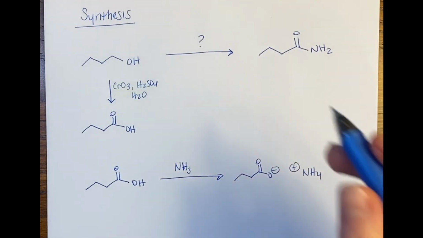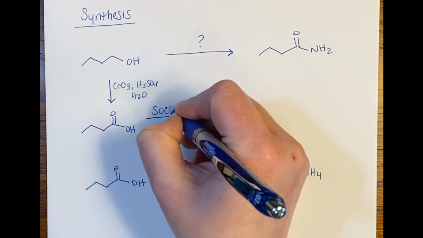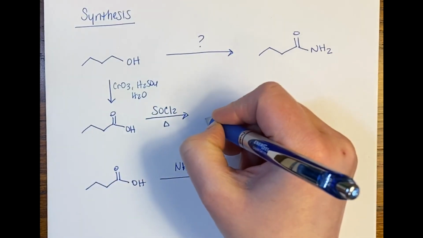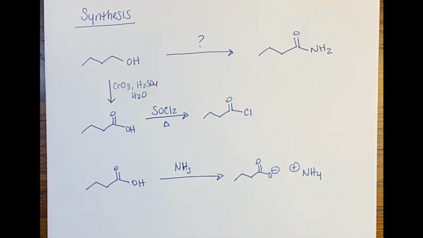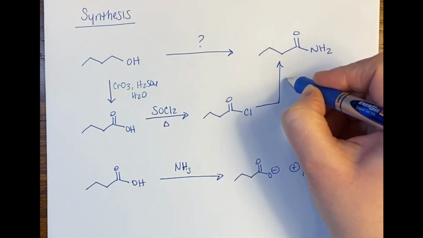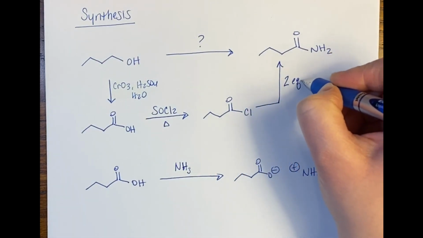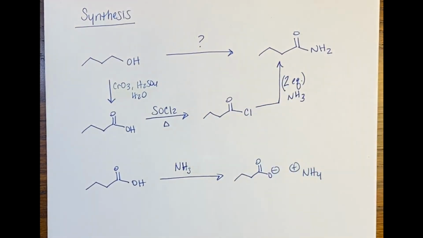So in one strategy, I could take this carboxylic acid, I could treat it with thionyl chloride and heat and make an acid chloride. From there, I could treat my acid chloride with 2 equivalents of ammonia in order to make that amide.